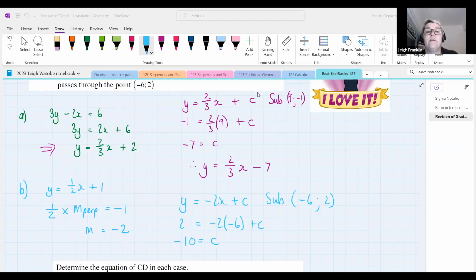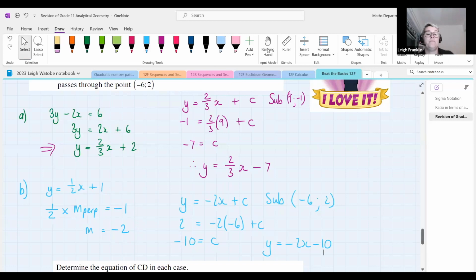That's it, Nhlanhla. Okay, so the equation of this line would be y equals -2x minus 10. Okay, everybody happy?